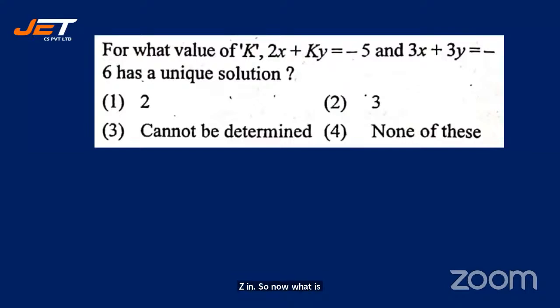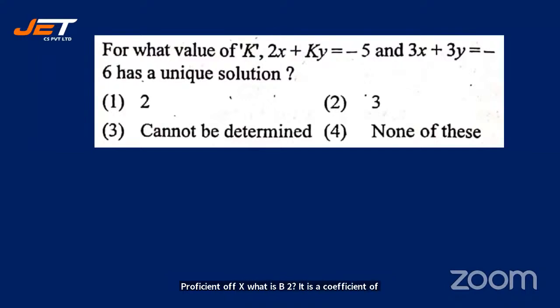The coefficient of x is 2. Here we have ky, which means B1 is k. What is A2? 3, coefficient of x. What is B2? It is again the coefficient of y, that is 3.